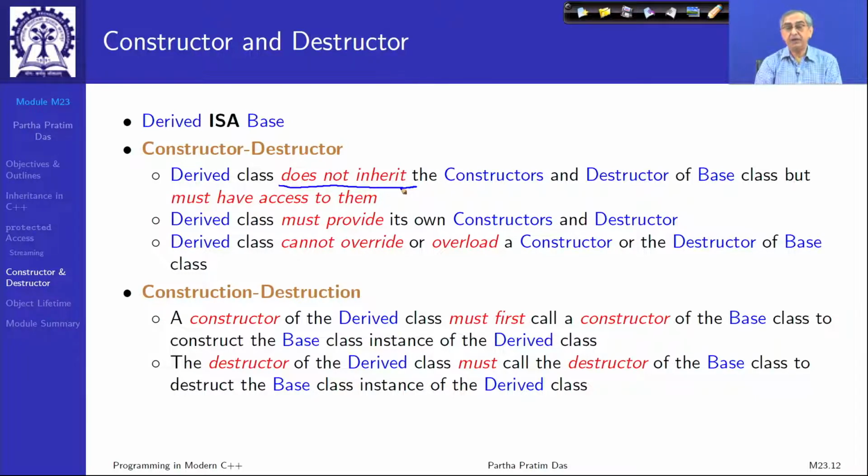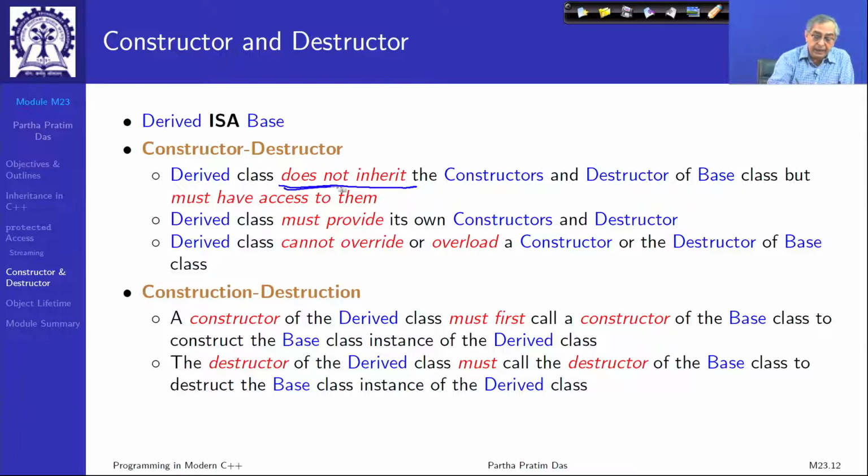In case of constructor destructor, you do not inherit them, because they do not become your member functions. First of all, constructor is static, so it cannot be. But more importantly, both constructor and destructor are named by the class. So, base class's constructor destructor has no semantic meaning in the derived class.